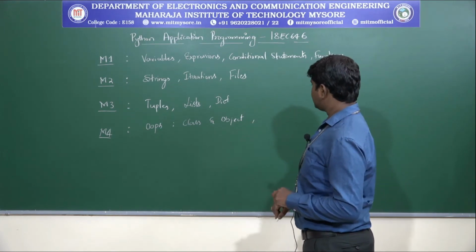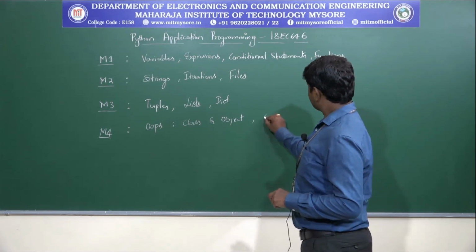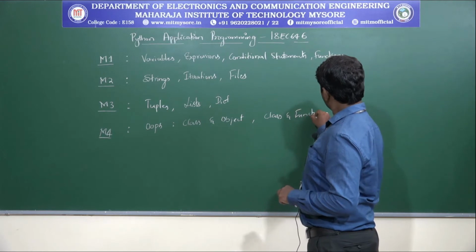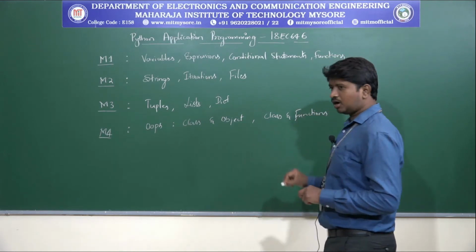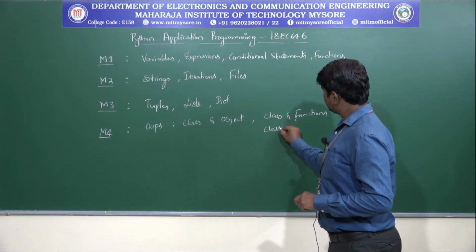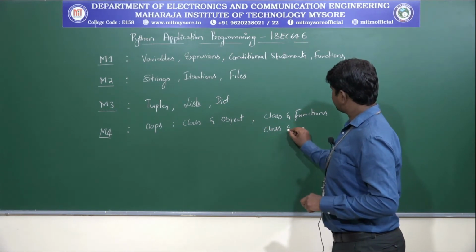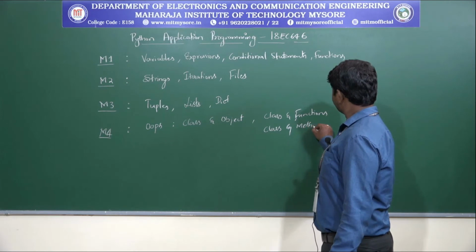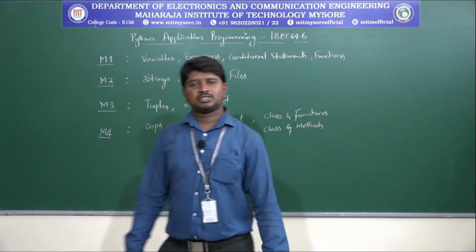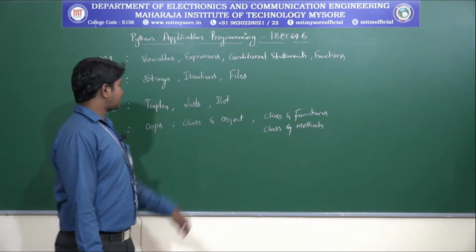Then we are going to learn about class associated with functions, how this is associated with it. Then class associated with methods. This is a very beautiful concept that we are going to see in later classes.